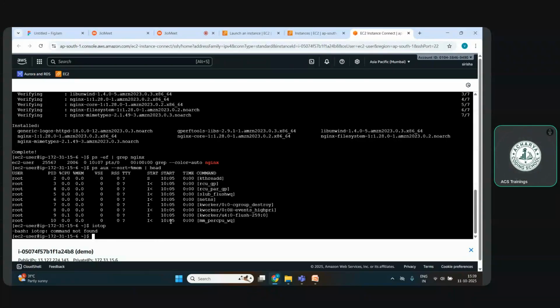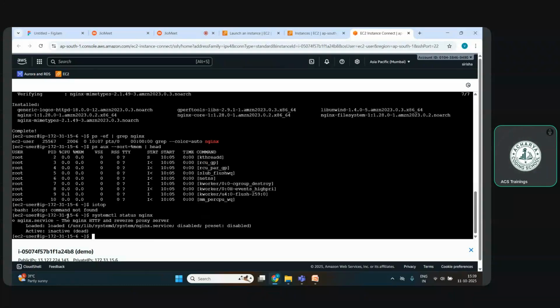If you want to know about the status of our service, for example the status of Nginx, and it is showing as inactive, we need to enable it.